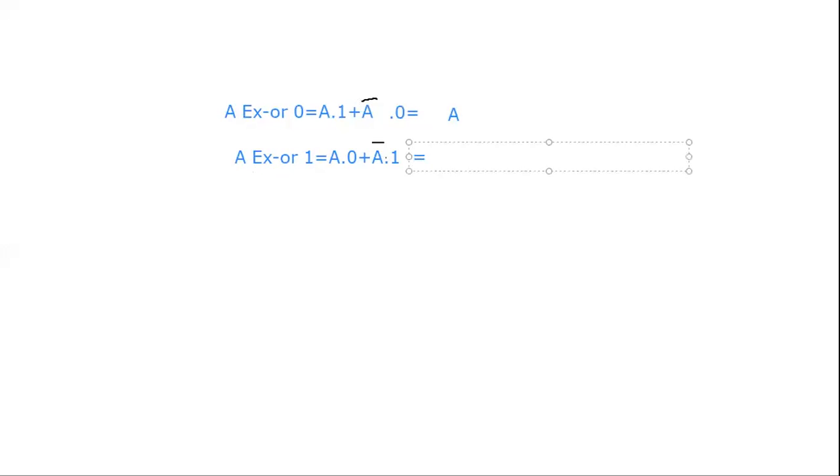So what is the output you get? A into 0 plus A bar into 1 means you get the output as A bar. That is, when we consider this exclusive OR gate, if you apply the direct input with 0, you get the value A, and if you connect A with 1, you get the A bar value.